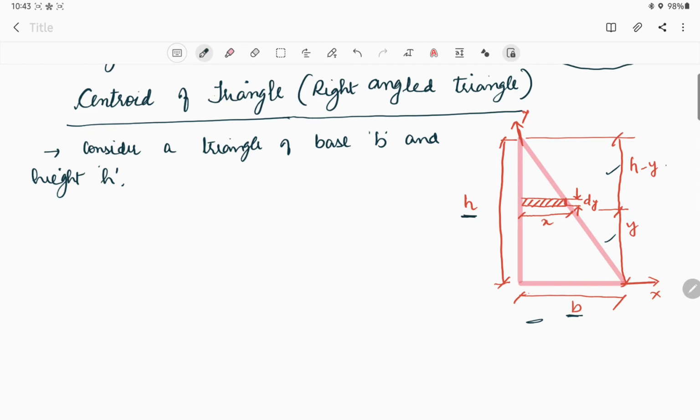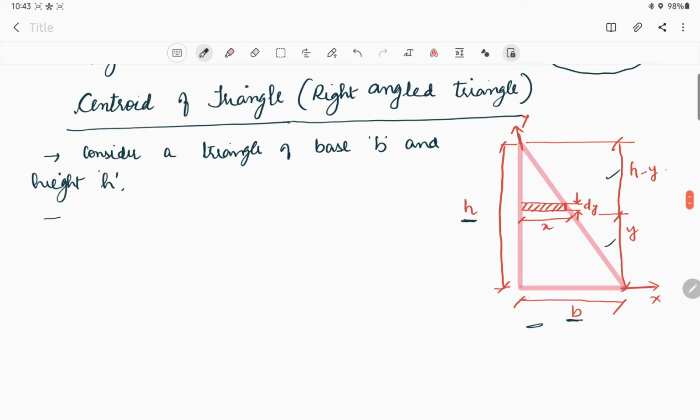Now in the next point, see carefully: consider an elementary strip. I'm talking about this one.